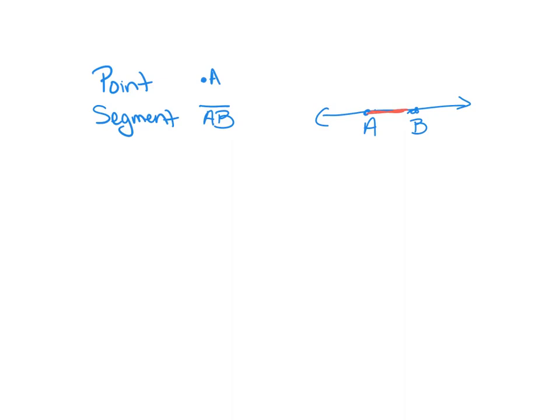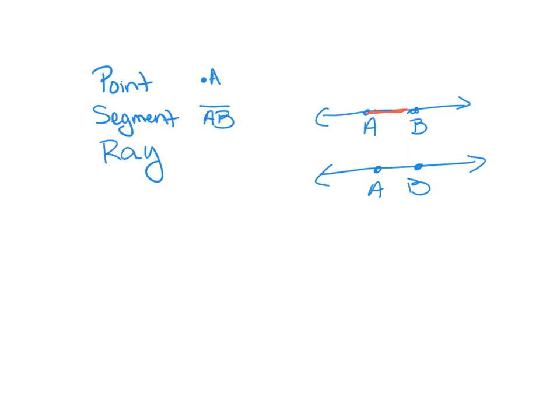All right, so ray is the next one. Ray, let's say we have that same line, A to B, and that goes on forever.